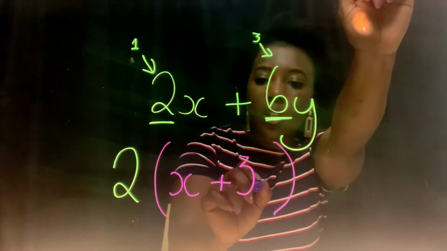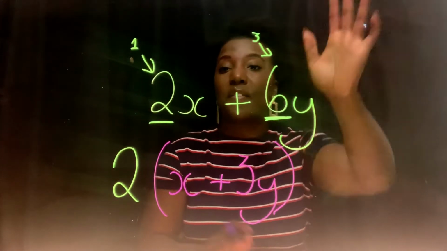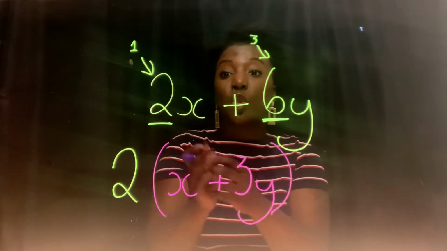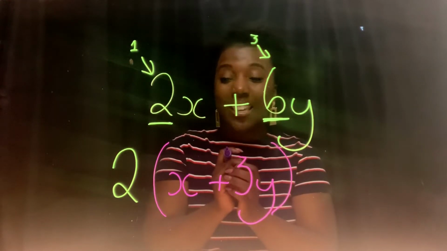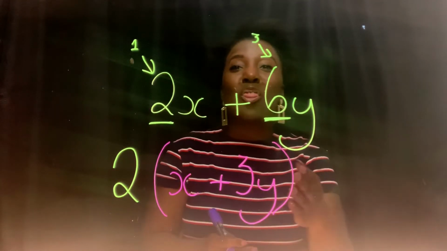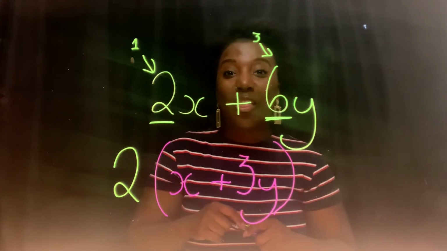It's the unknown. That's what we multiply by. And guess what? We have just factorized. So we have put this into brackets. Our 2x plus 6y is equal to 2 bracket x plus 3y. Now, let's try another example.